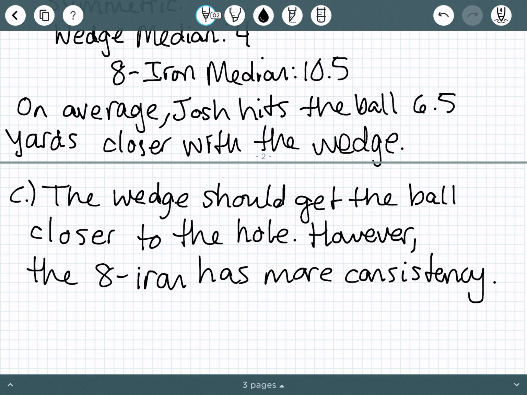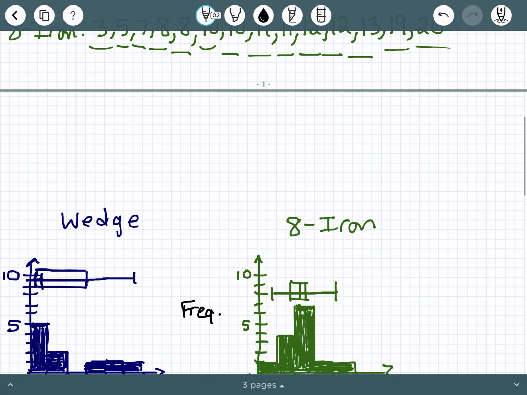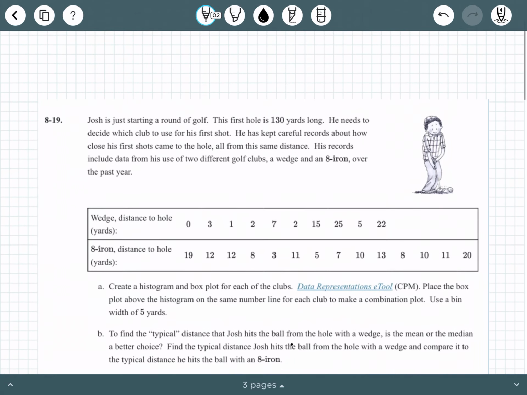And consistency just means, the more we do something, it's going to have results that are similar each time that we do something. All right, and that is all for problem 819.